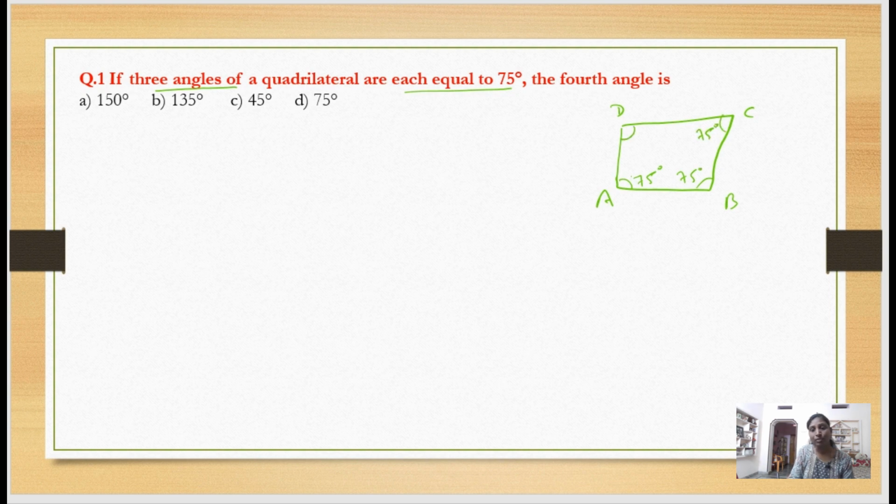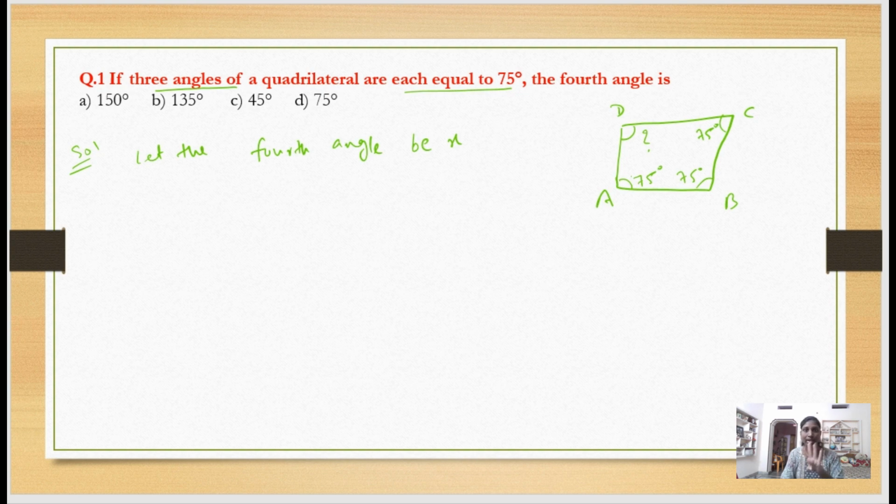Okay, then what is this angle? This is the question mark. Okay, so let the fourth angle be X. Okay, then now you should know what is the sum of all the angles in a quadrilateral.